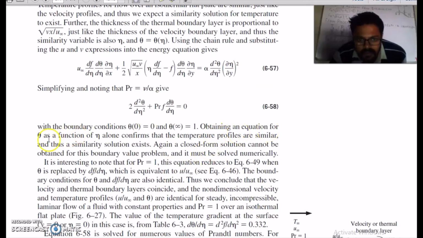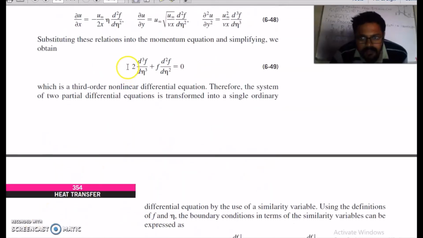Obtaining an equation for theta as a function of eta alone confirms that the temperature profiles are similar, and thus a similarity solution exists. So if you put Prandtl number 1 here, this equation, which is for the thermal profile, will become the same as in the case of the velocity profile.